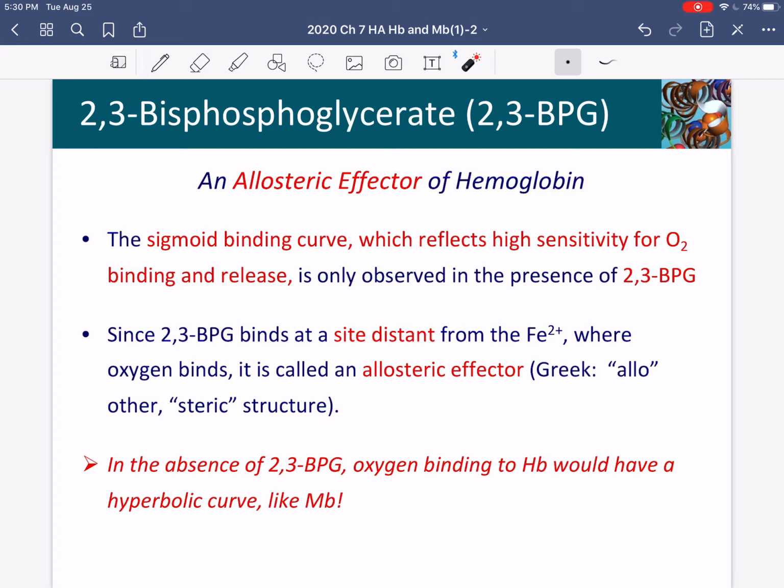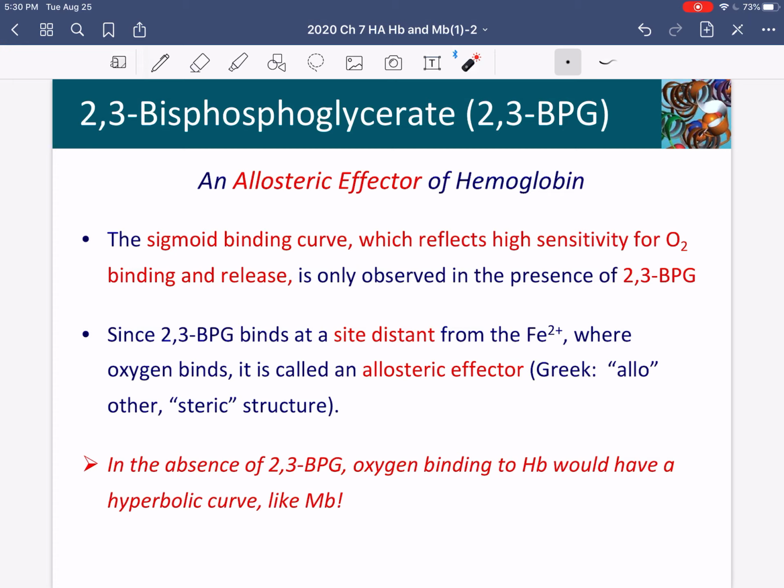And in fact, it's the presence of the 2,3-BPG that helps that nudging of subunits as one subunit binds that first oxygen molecule, changes its conformation when that oxygen is the sixth ligand to that heme iron, which pulls the heme iron into the plane of the heme, pulling on that F helix, and because of the histidine that's part of that helix, as the fifth ligand. Remember that? Well, all of that movement is coordinated through 2,3-BPG.